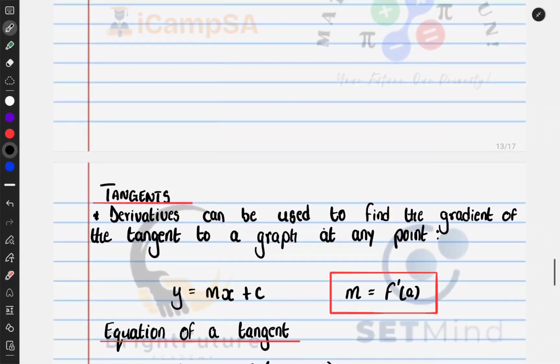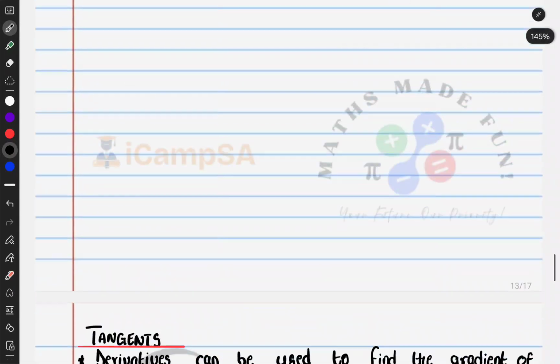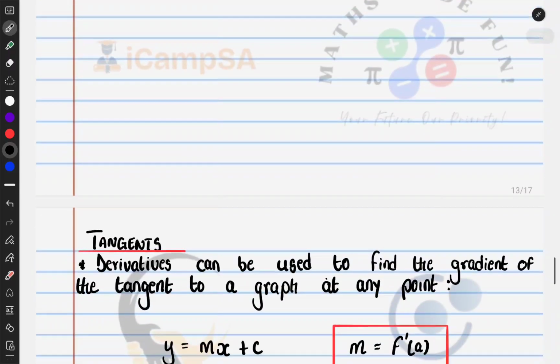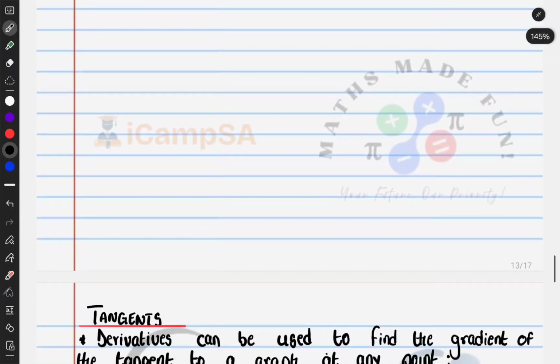Remember what we were talking about just now.